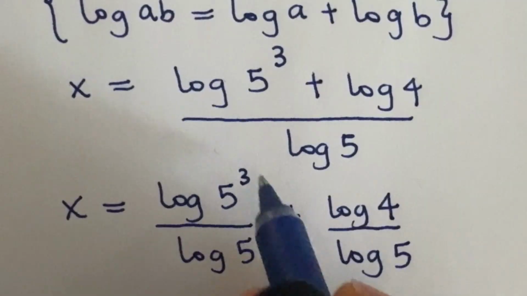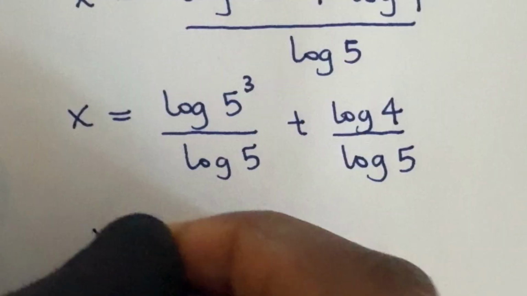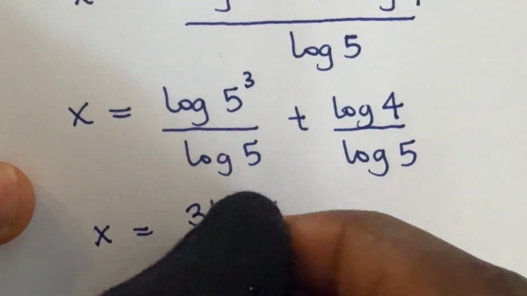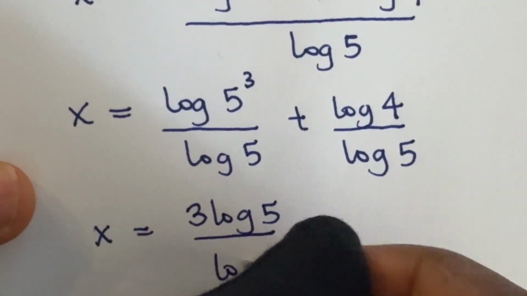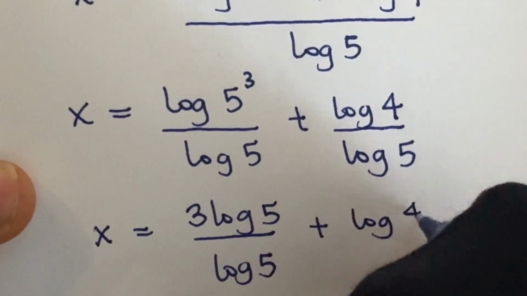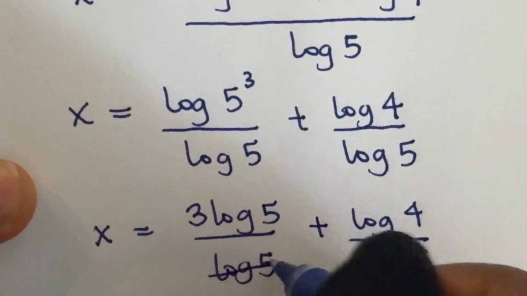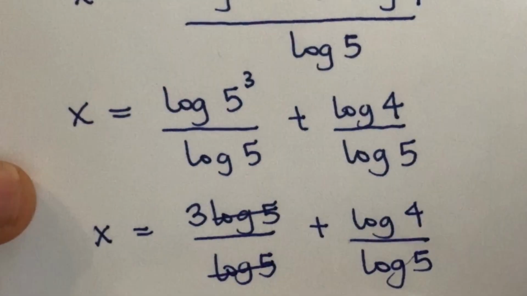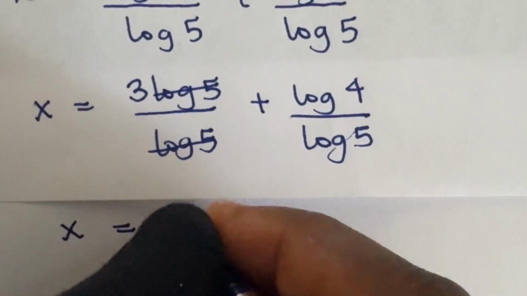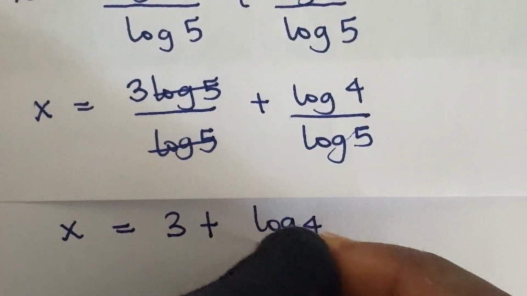We apply one of the laws we used earlier to rewrite x, so that this gives us x is equal to 3 log 5 divided by log 5, then plus log 4 divided by log 5. This here will cancel this, and we are left with 3. So that x becomes 3 plus log 4 divided by log 5.